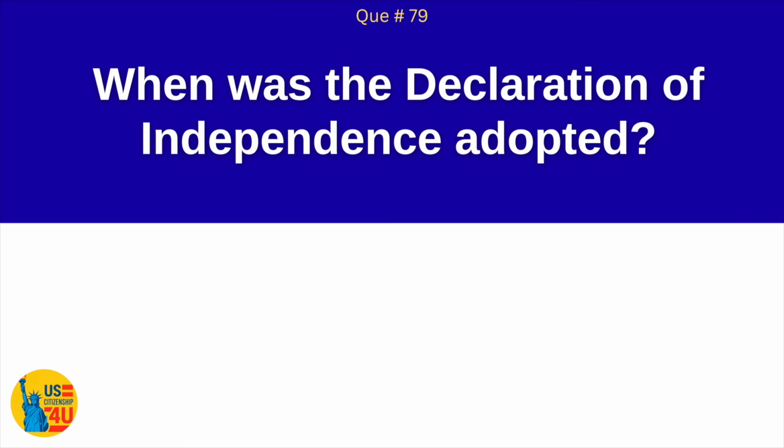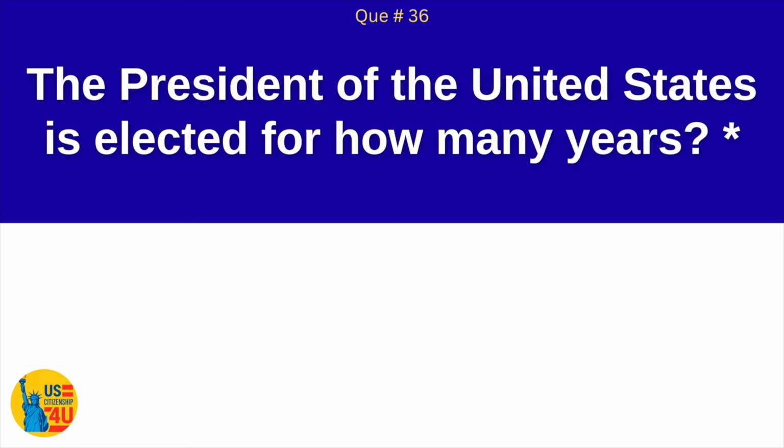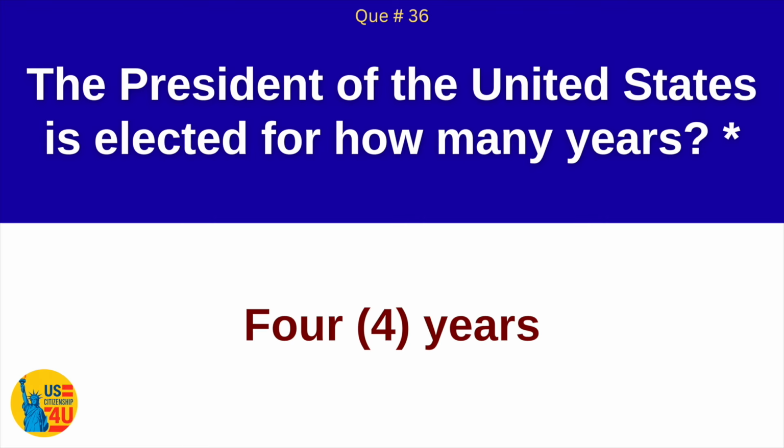When was the Declaration of Independence adopted? July 4, 1776. The President of the United States is elected for how many years? For years.